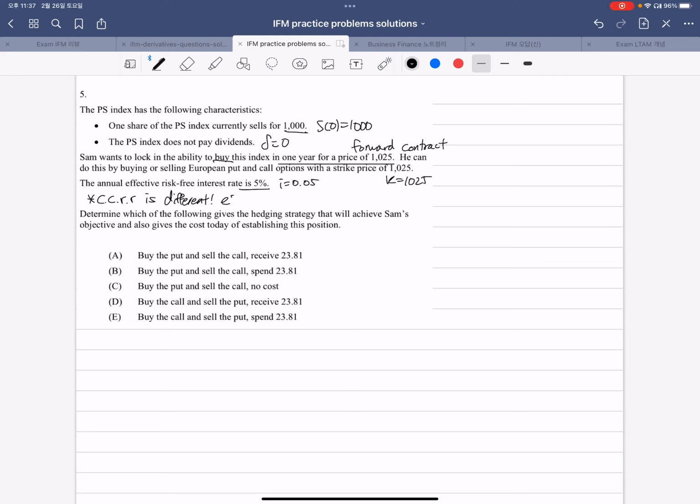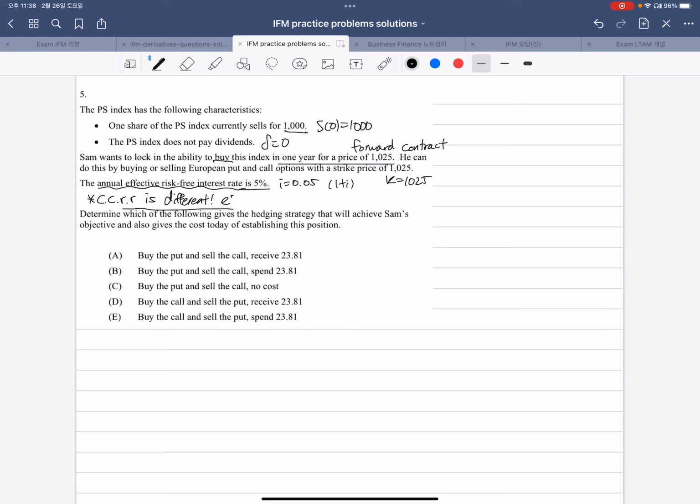And if you're given the annual effective interest rate like in this question, we multiply by 1 plus i to the power of the time that we want to accumulate. So it's good to remember this.